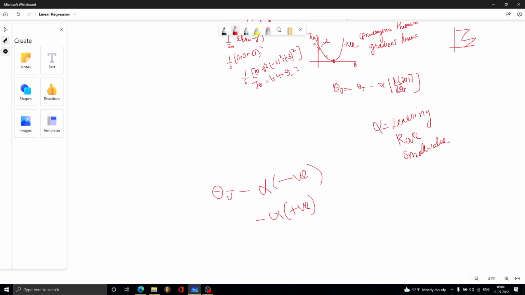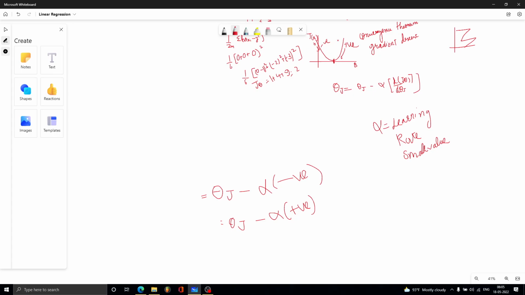And when we have a positive value, it is going to get negative when we do this, so it will reverse and try to reach here. Got it? Simple. This is what our convergence theorem does to our J theta and theta 1 plot.